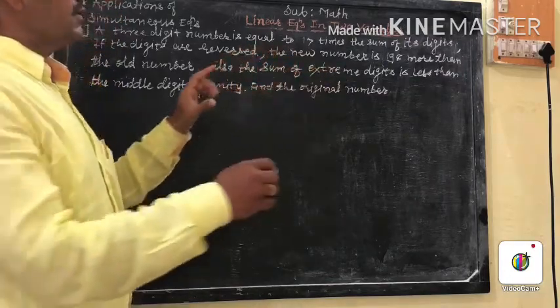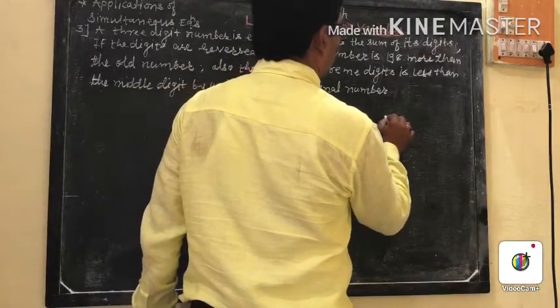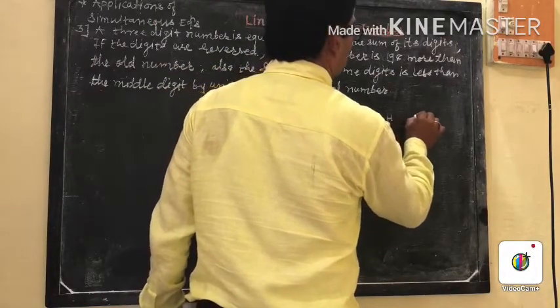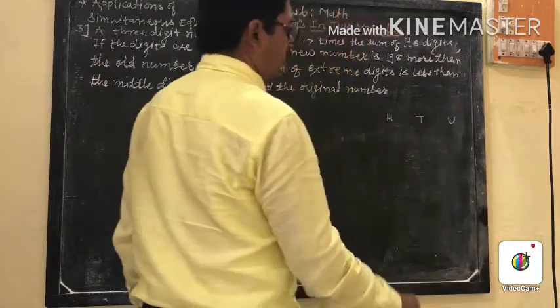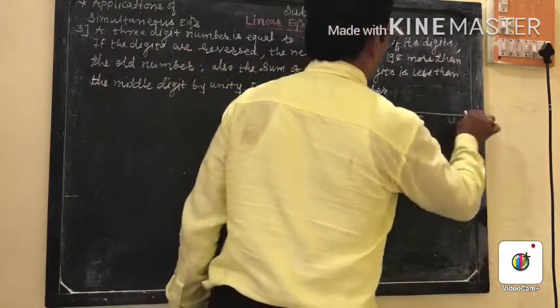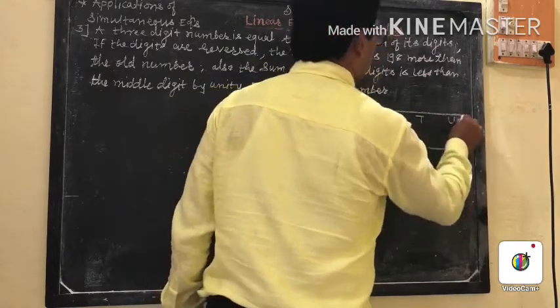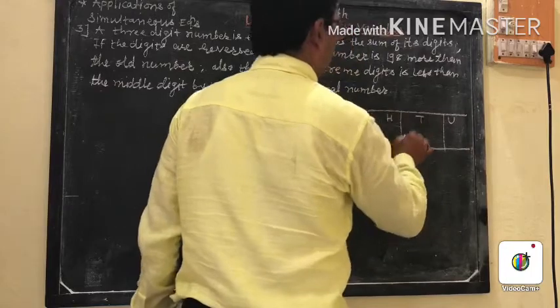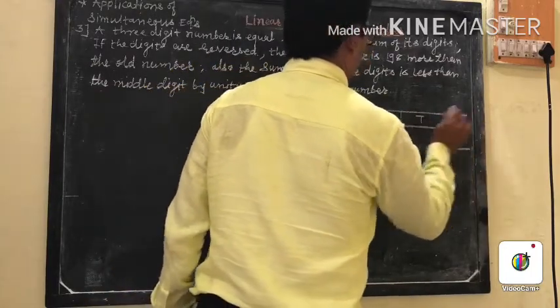The extreme digits are the hundreds place and the unit place, and the middle is the tens place. We have to find the number.